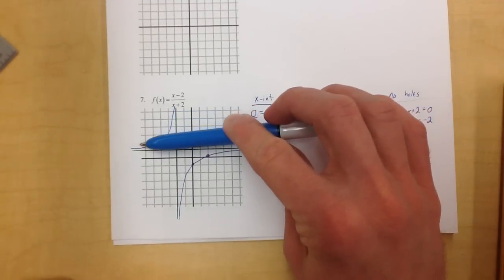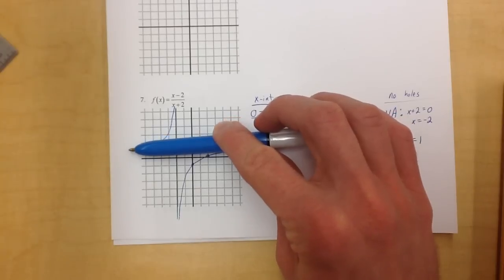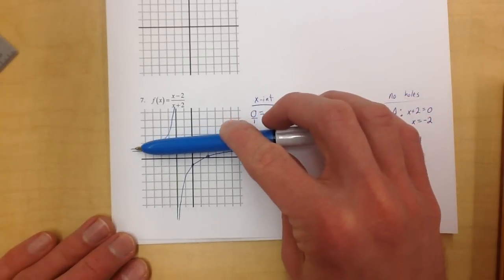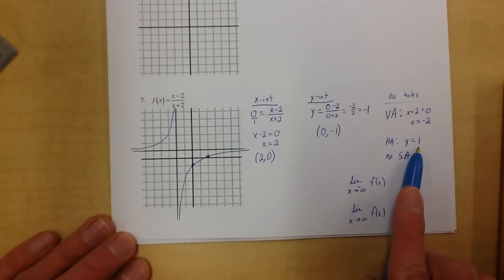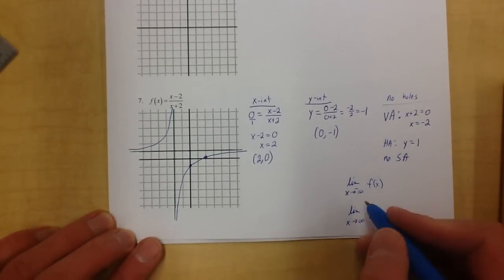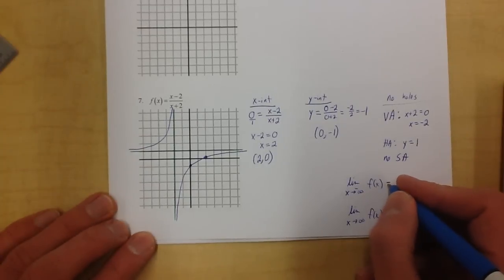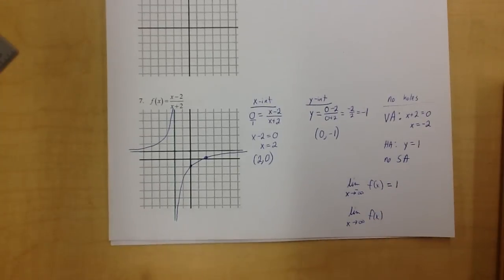It's kind of a trick question because it doesn't look like the others, but it's actually getting closer and closer to that value. So the limit as I approach negative infinity is 1.